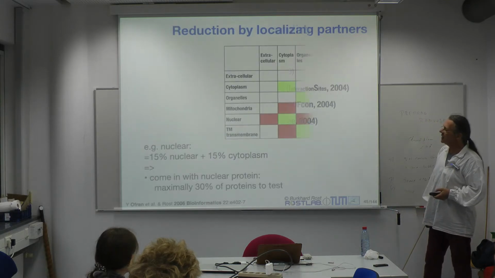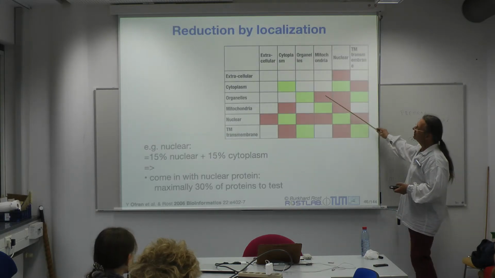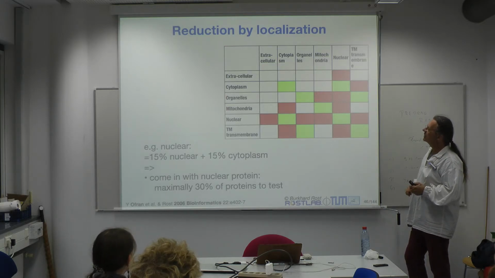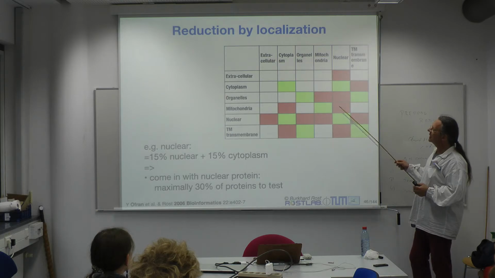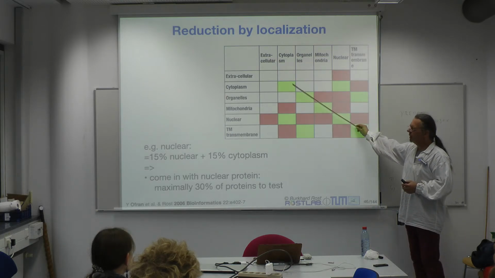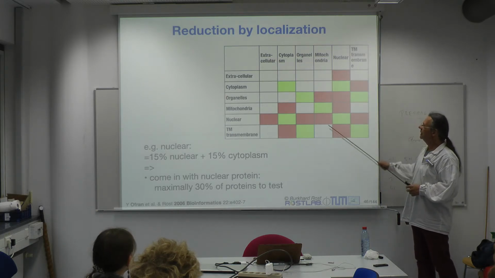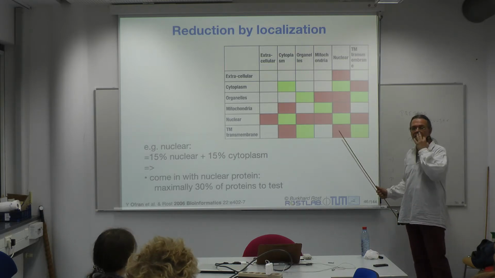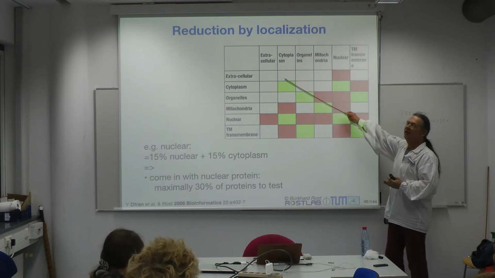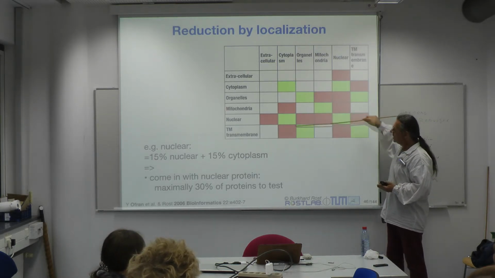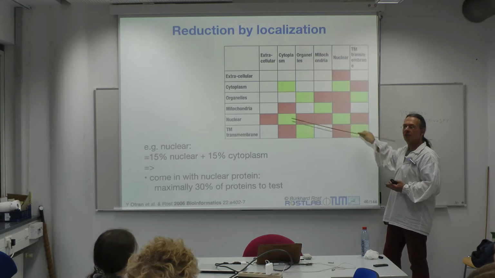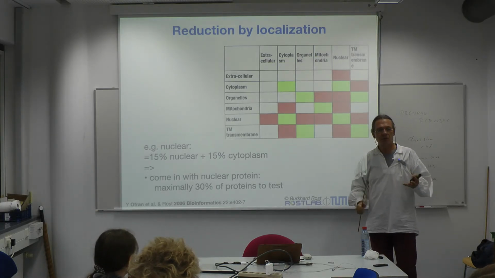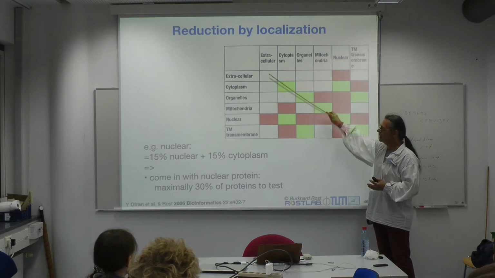I predict subcellular localization. This shows the probability of proteins in two subcellular compartments interacting with each other. Green means more than expected. Red means much less than expected. Now if I simply turn this around and say I will only consider the diagonal, these ones here I would completely miss because I will throw them away. Here are interactions that are important, but I throw them away simply because I only consider the diagonal.